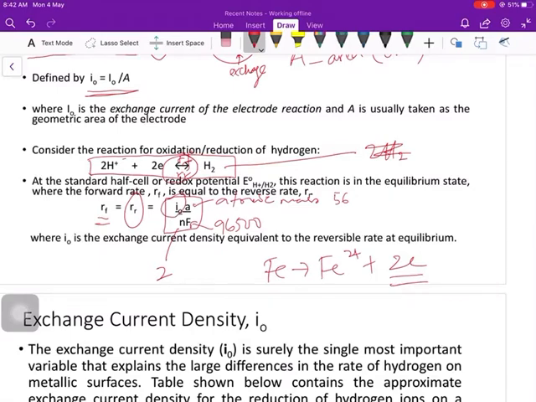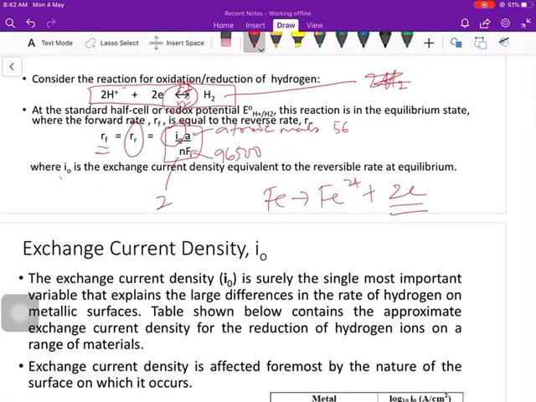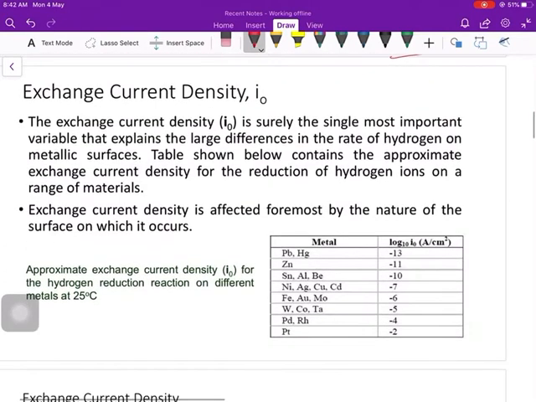So this one is the exchange current density. i naught, the exchange current density, is equivalent to the reversible rate at equilibrium.